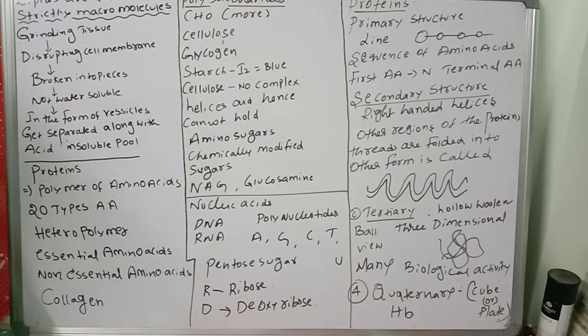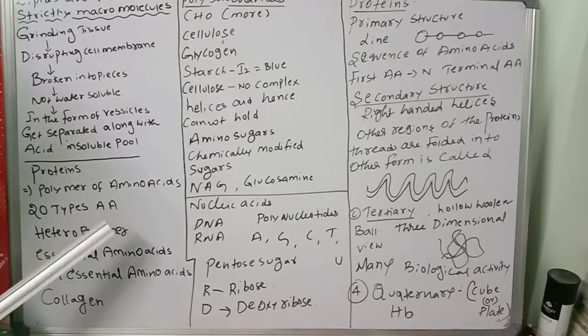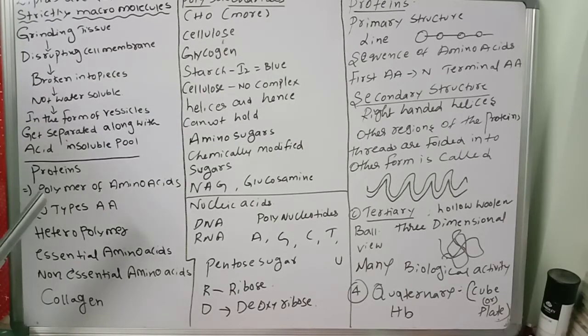Both plus and minus charges on the same amino acid is called a Zwitter ion. Examples: acidic amino acid, glutamic acid; neutral, valine; basic, lysine. So glutamic acid, lysine, valine are acidic, basic and neutral amino acids.